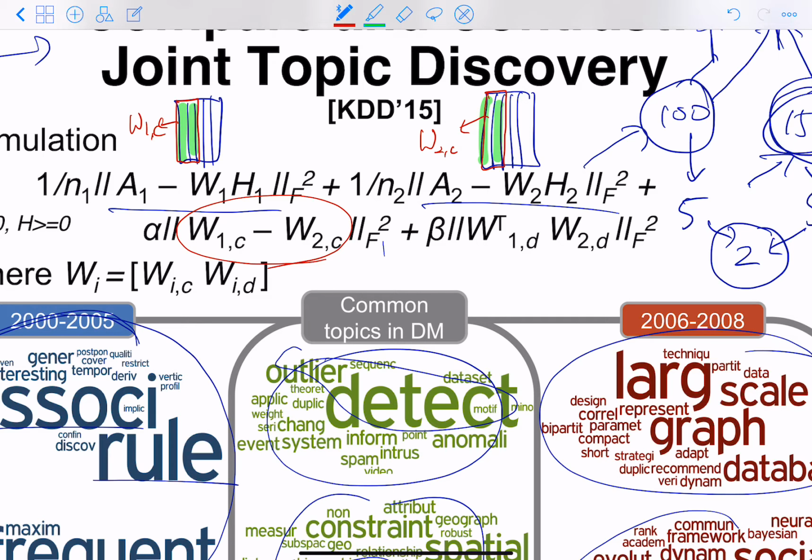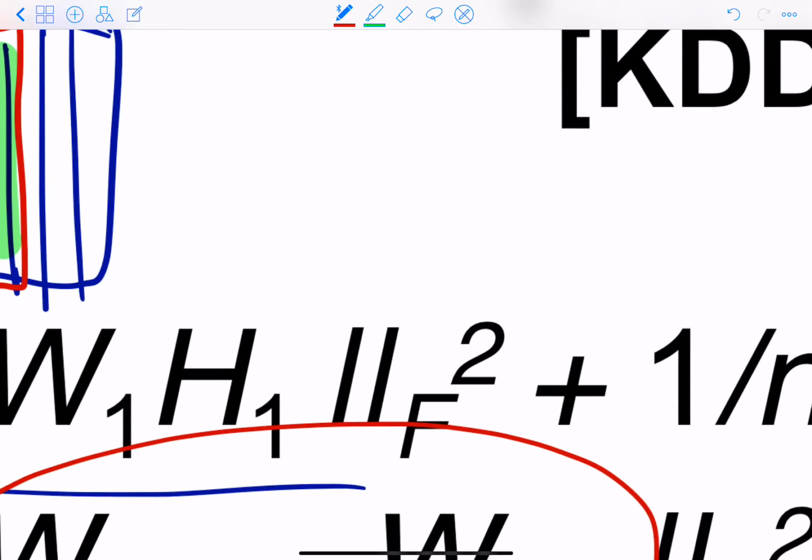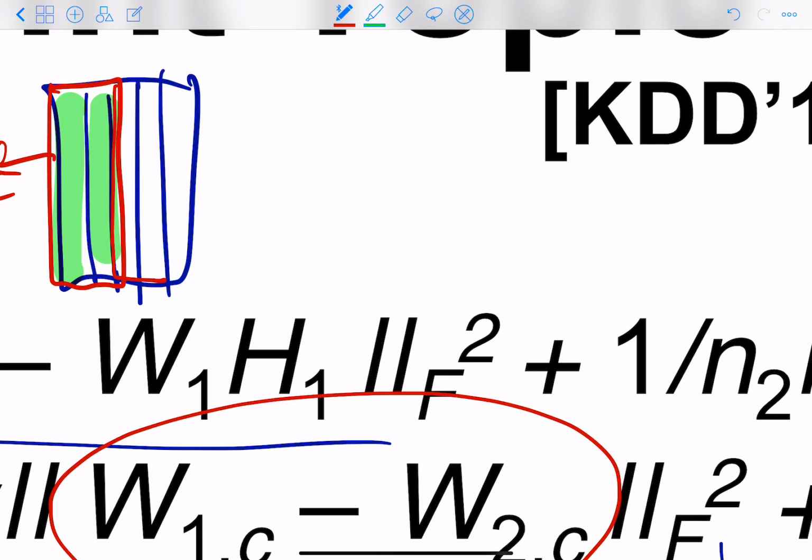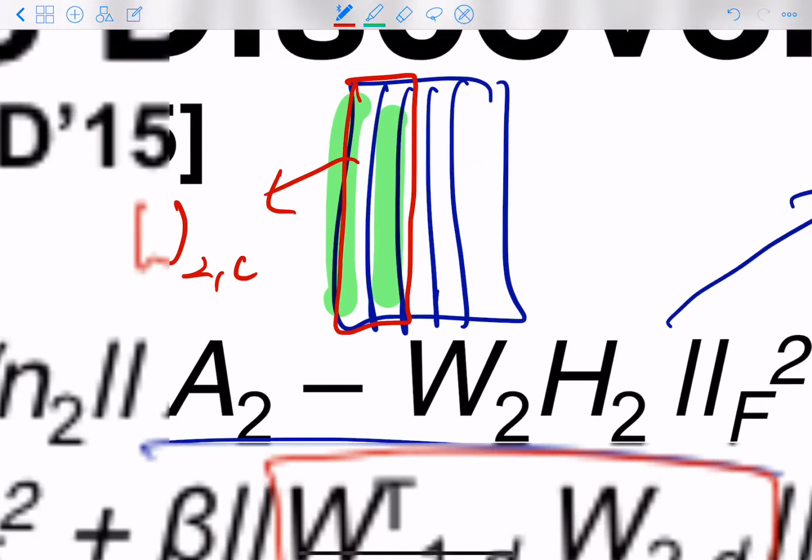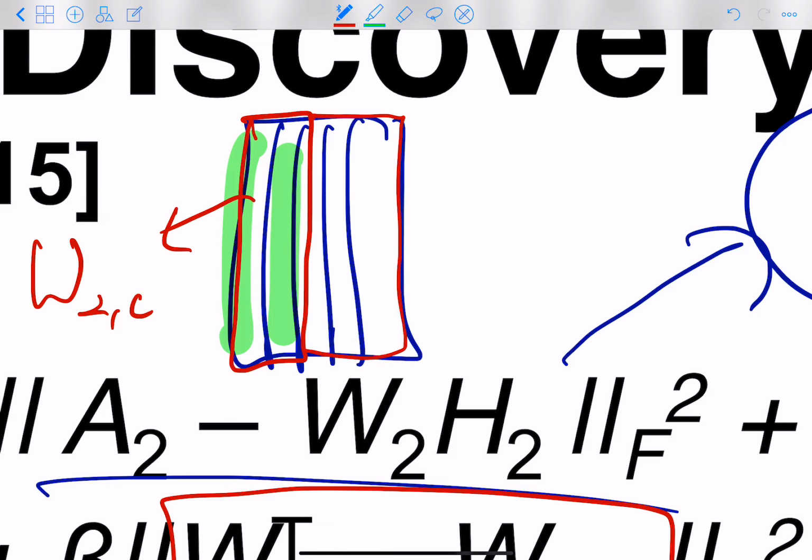And then let's think of this second term. It's really small, but this part is W1D, and this part is W2D.